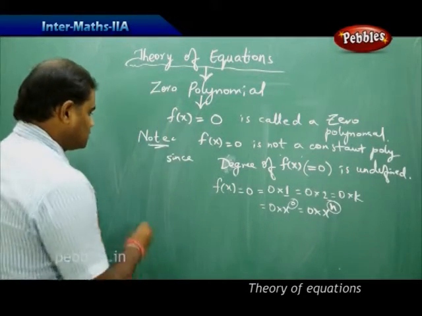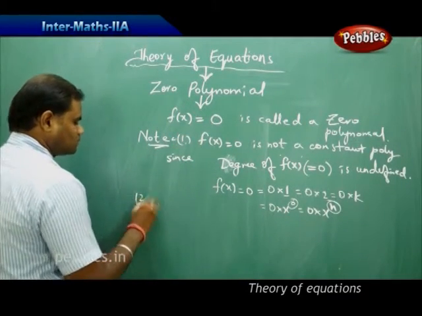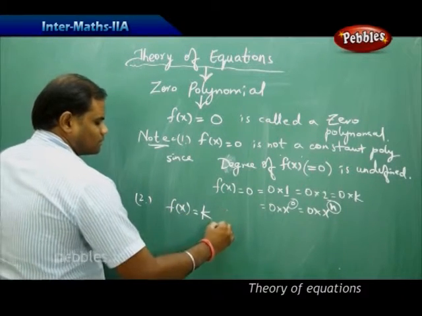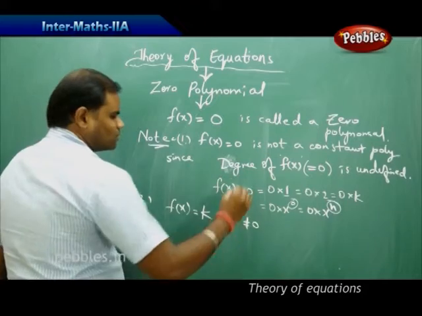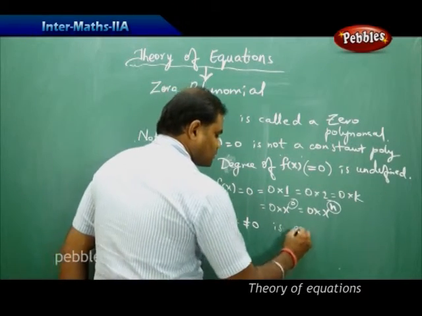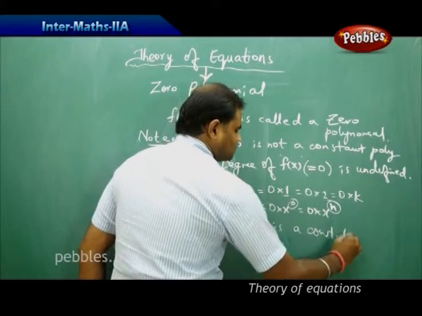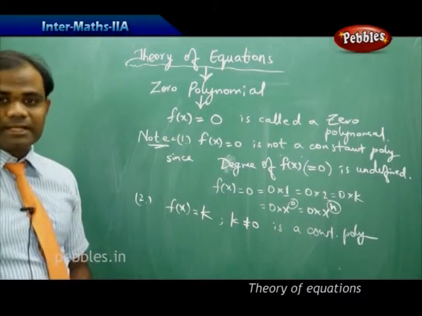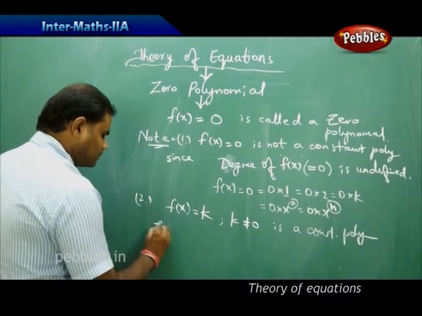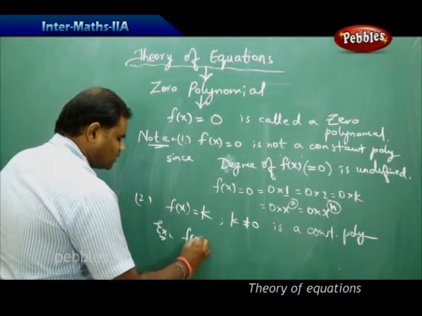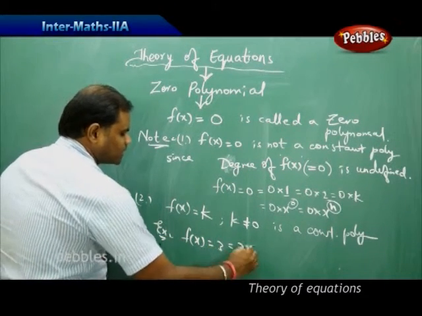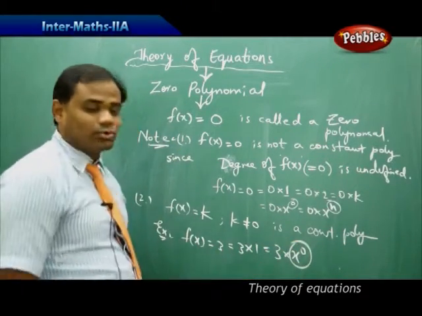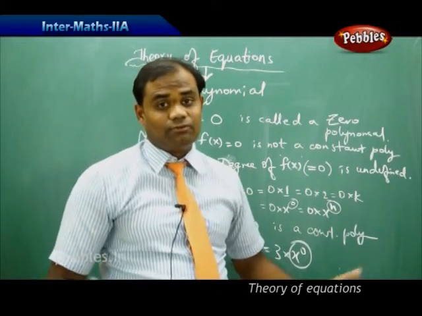But some k where k is not equal to 0 is a constant polynomial, because when it is a non-zero term, it has a fixed value. Say for example, f of x equals 3 can be written as 3 times 1, which can only be uniquely written as x power 0 but cannot be expressed in any other form.